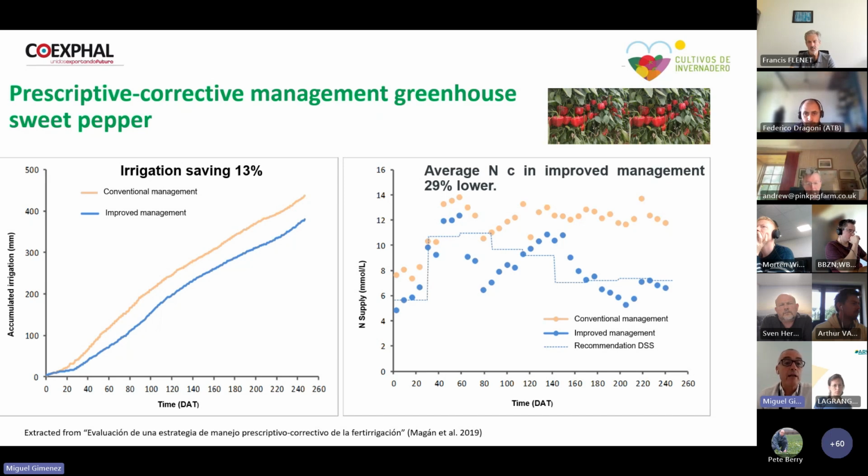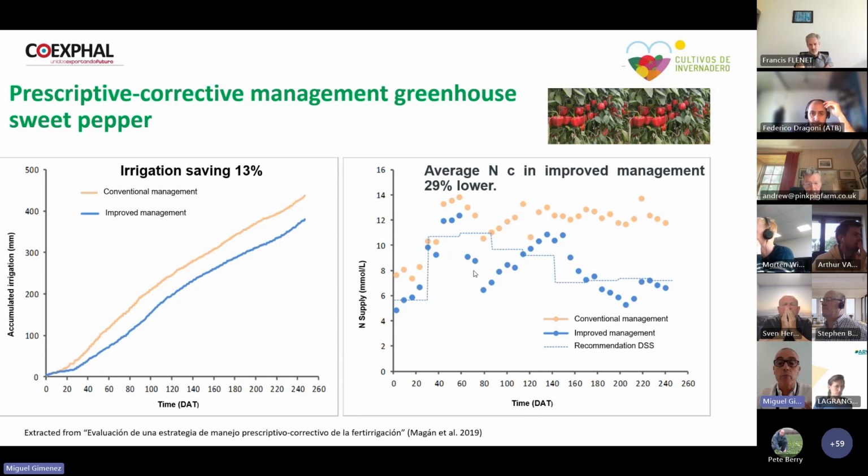So in the red line you can see the accumulated irrigation with a conventional management, and with a blue line the accumulated water applied by using an improved management strategy. So the difference between both systems is 13%, and we don't have to forget that in fertigation, the more water you apply, the more nutrients you apply. So it's very interesting to save as much irrigation water as possible.